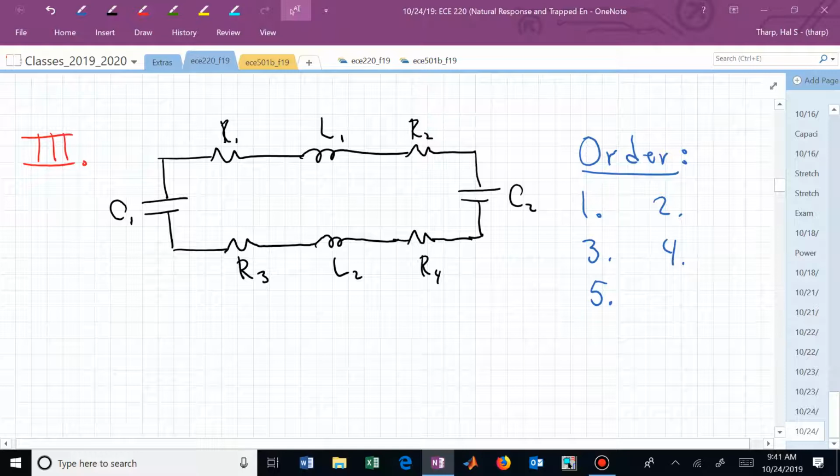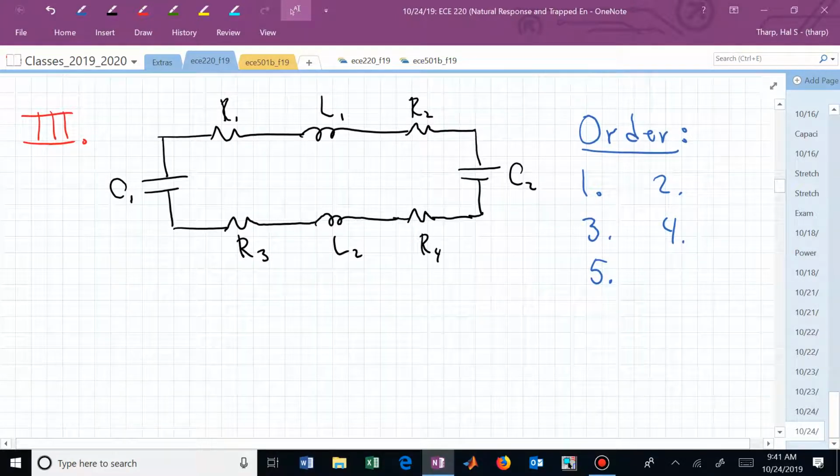We're kind of split, but we're all even, it looks like. We're kind of split between 2 and 4. But now, step back and look at this. How many energy storage elements do we have? 4, but we can actually combine some of these because they're in series.